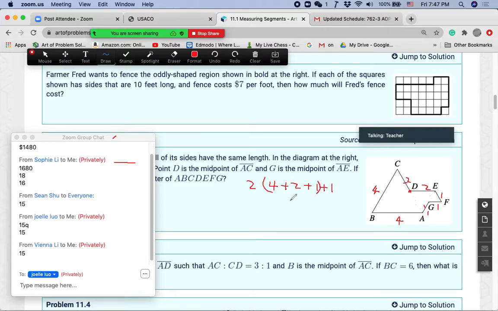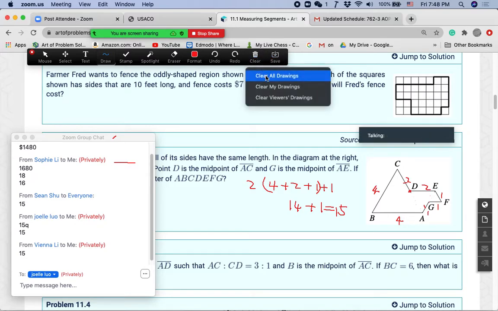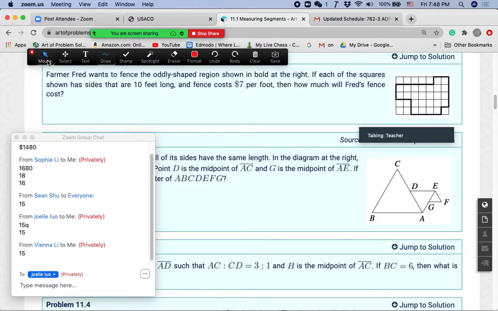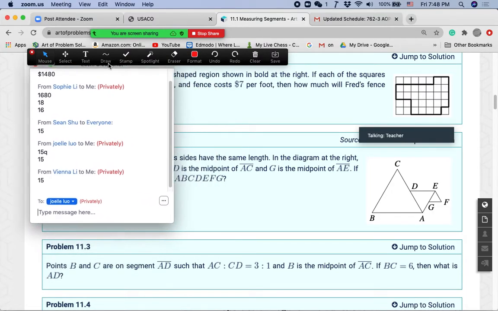So that's 7 times 2, 14, plus 1, you get 15. Okay? You need to calculate like this. Take away this side and this side, because for the perimeter you only need to add the lines on the boundary of that shape, not the lines inside of that shape. So very good. The correct answer for this one is 15.